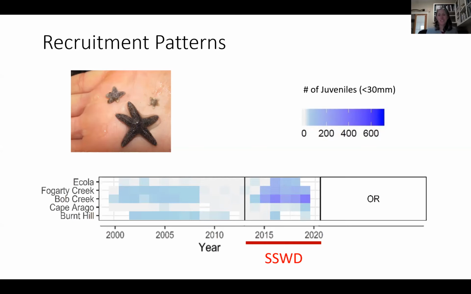There's lots of factors that go into whether or not larvae can recruit to a site. So it's kind of species dependent too. Some of them are passive, meaning that they can't actually control too much where they go. They're more controlled by currents and other oceanographic patterns.